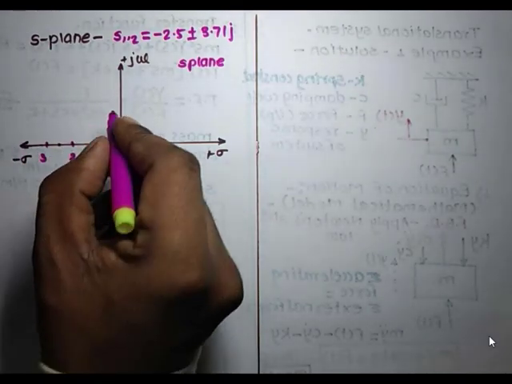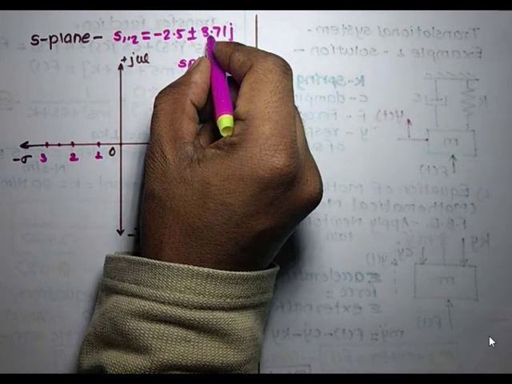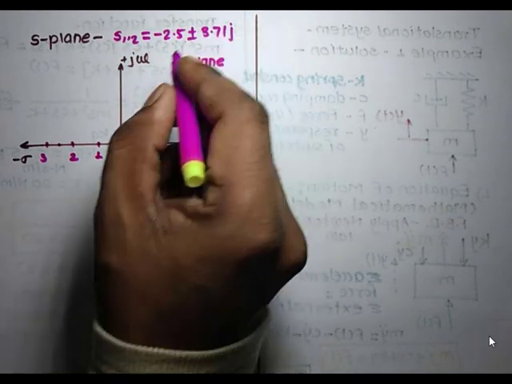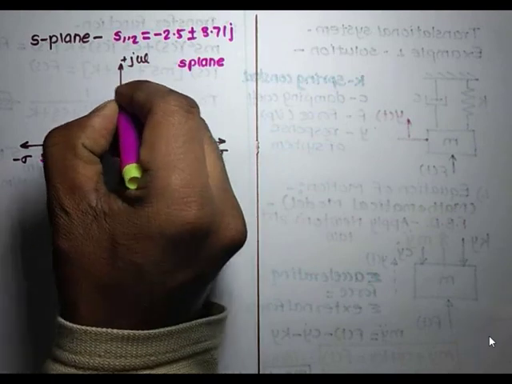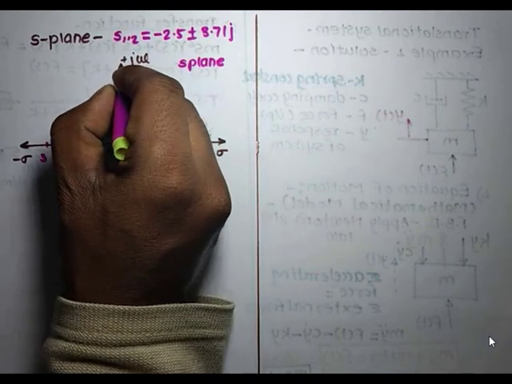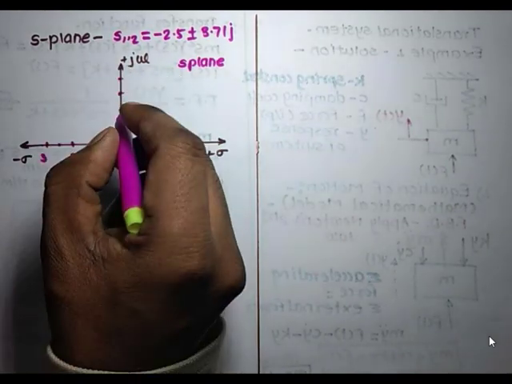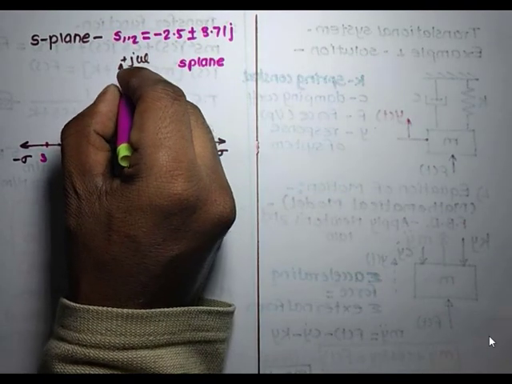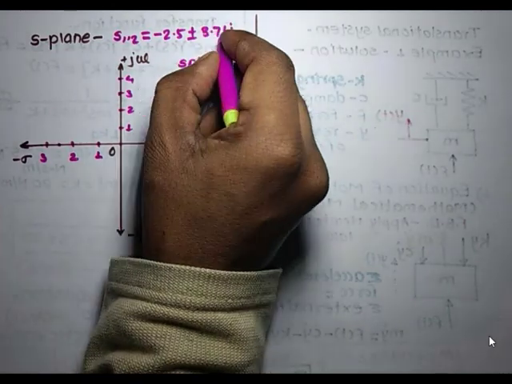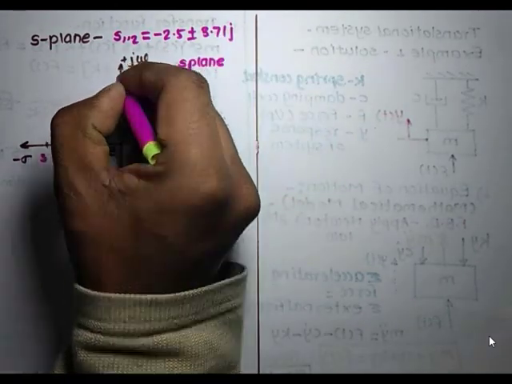And on j omega it is 3.71. So let us divide into equal parts, 1, 2, 3, 4. So this is 3.71, approximately somewhere here.